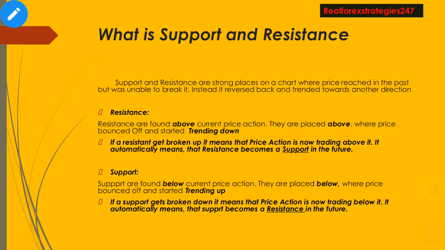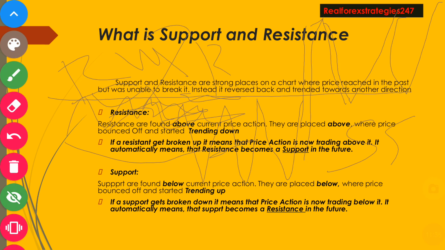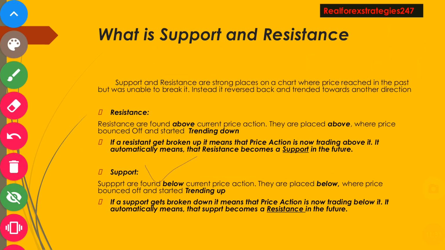Okay, now we're talking about support, right? So what is support? Supports are lines found below current price action. They are placed below where price bounced off and started trending up or sideways.